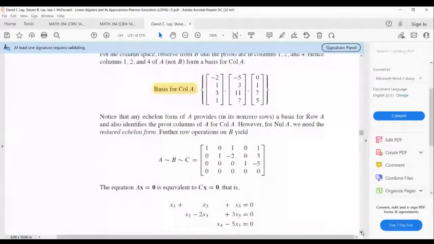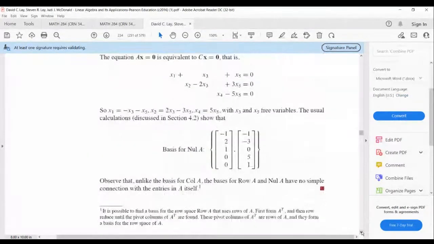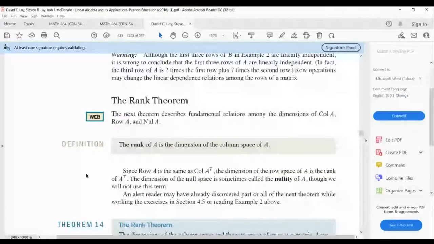So, okay, rank, what's that? The rank here is the dimension of the column space of the matrix. Okay, hold that thought.